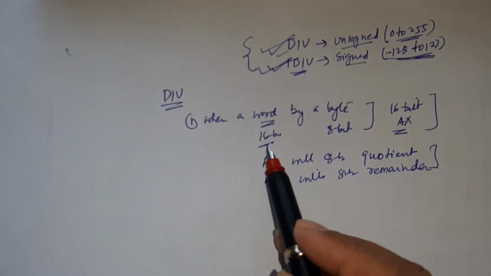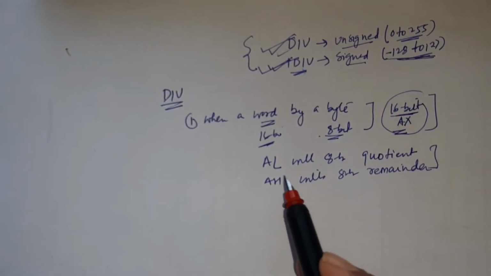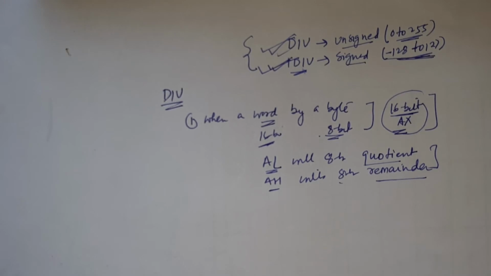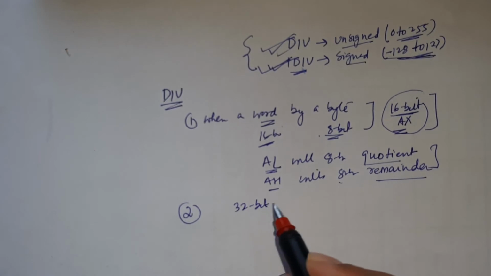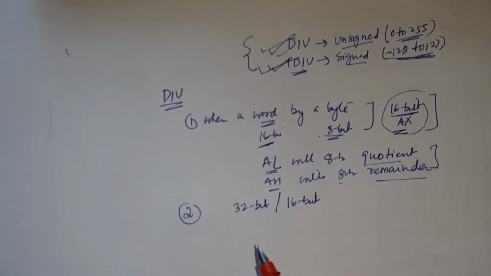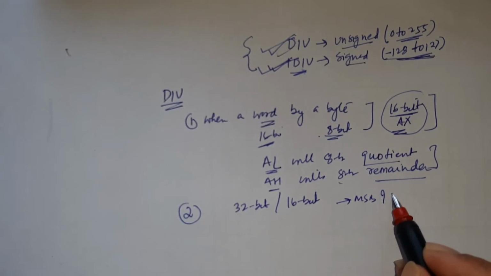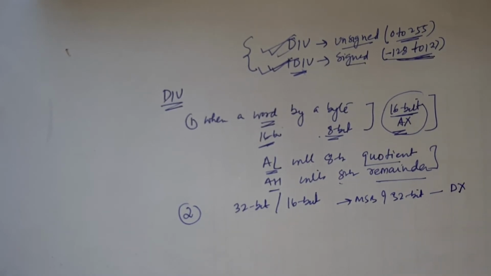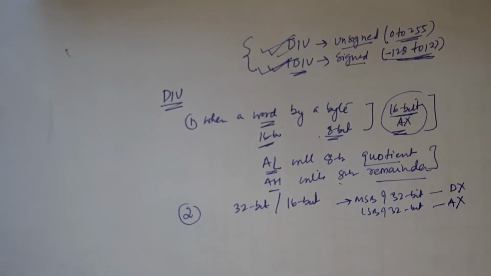When you divide a 16-bit number by an 8-bit number, the 16-bit number should be in AX, and after division AL will contain the quotient and AH will contain the remainder. Second, when you divide a 32-bit number by a 16-bit number, the MSB of the double word, the upper 16 bits, should be in DX, and the LSB, the lower 16 bits, should be in AX.